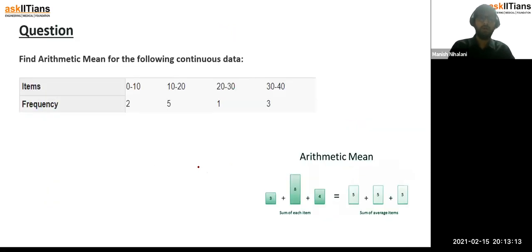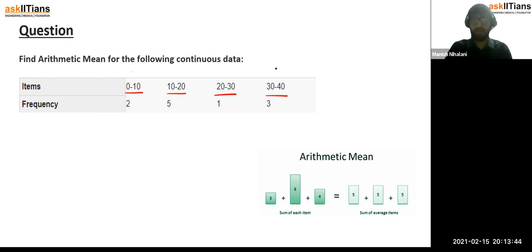Let's now understand this. We have to find the arithmetic mean for the following continuous data. Here the frequency distribution is continuous: 0 to 10, 10 to 20, 20 to 30. It ends at 10, starts at 10, ends at 20, starts at 20, ends at 30, starts at 30. First we calculate the midpoints, which are 5, 15, 25, and 35.